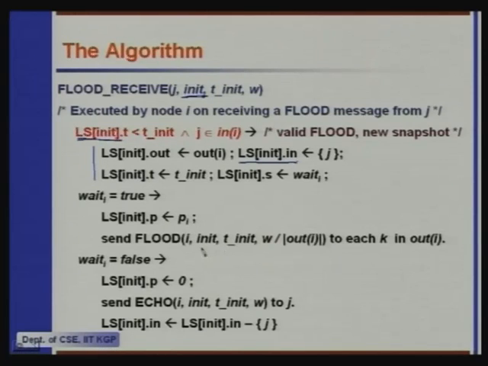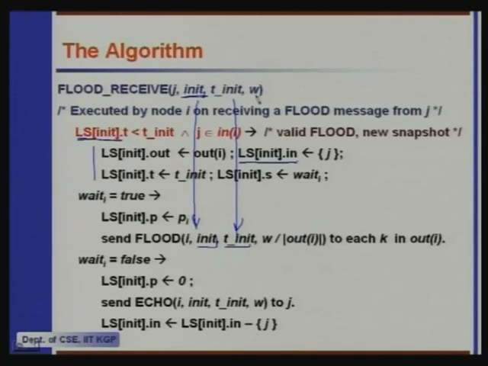And what is the flood message? See, the sender is I, because this is the node I that we are talking about. The initiator is the same, we just copy init from that to this. The time of initiation is also the same, we just copy this here and this here.